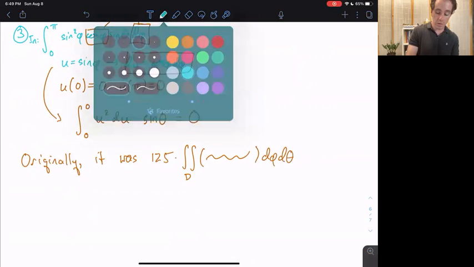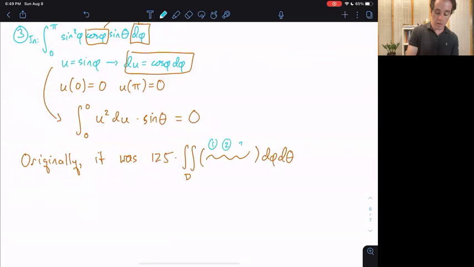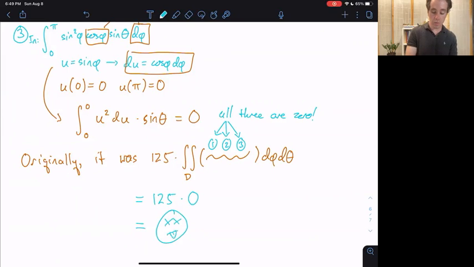We split this into 3 pieces, 1, 2, and 3, but all 3 of these are 0. So this ends up being 125 times 0, or just a big fat 0, which I always think is kind of disappointing because I want my hard work to yield something other than 0. But hey, it is the right answer, so I'm not going to complain too much.